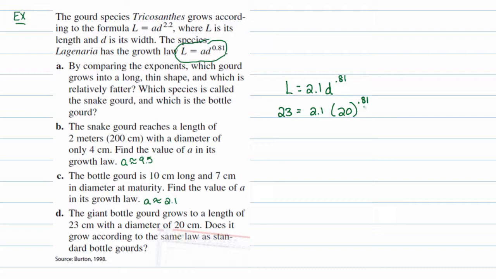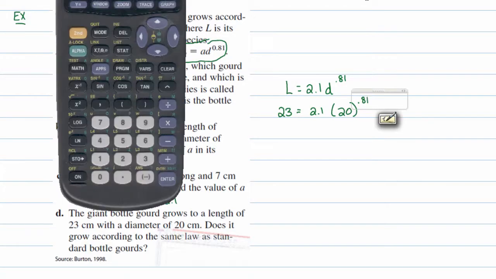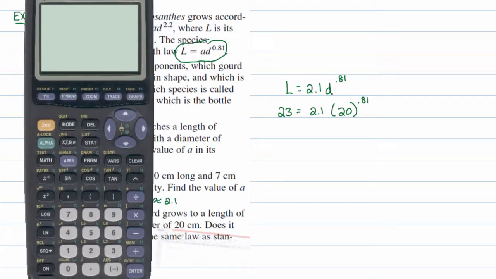And this one I might actually bring up the calculator in front of you, because it might be more beneficial to see it. So 2.1 times 20 raised to the 0.81 power. That's 23.7. And remember, 2.1 is a very rough approximation of A. So it sort of is accurate, sort of. So I can believe it.